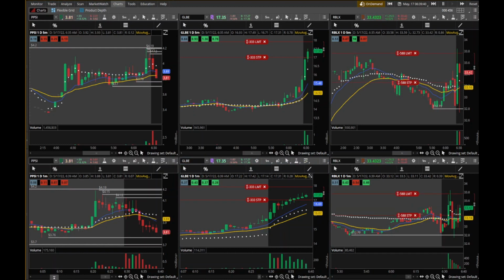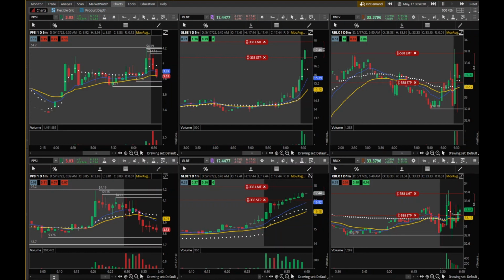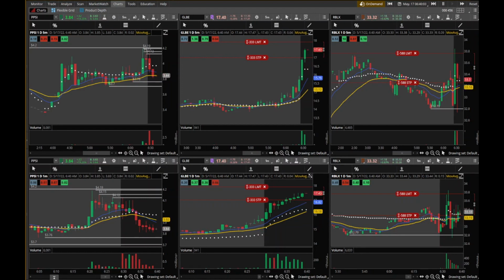Joining the bid on Roblox. Gonna have a new 5-minute candle. It just did not want to break out there.